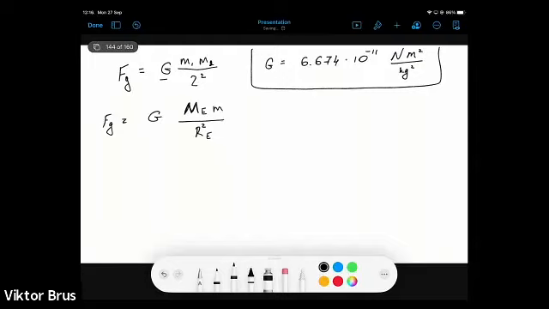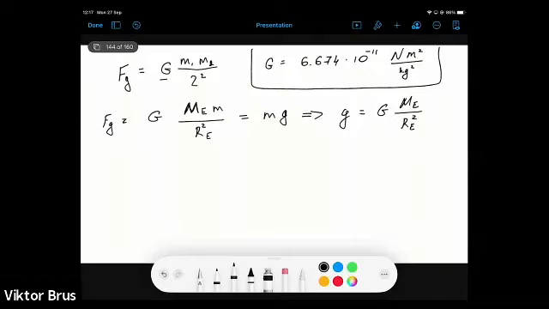And we know that this force, the gravitational force acting on a body with some certain mass, will be equal to the weight of this body, and that is m times g, the free fall acceleration. So from here we can already express g, the free fall acceleration, which will be the gravitational constant times the mass of the Earth divided by the radius of the Earth squared.